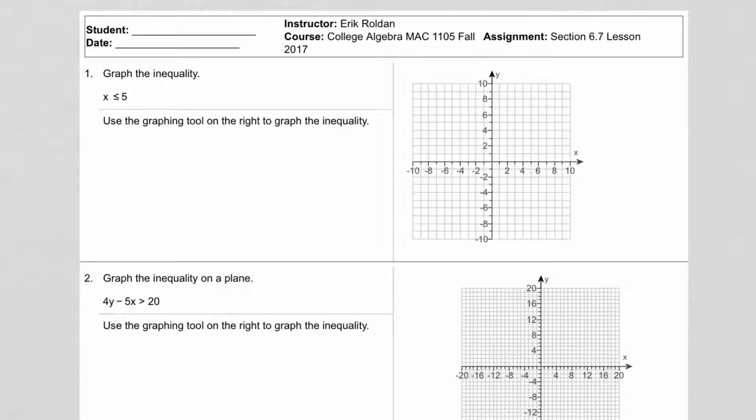6.7 is about systems, and by the way, this is the last section of the course. System of inequalities. We need to review.